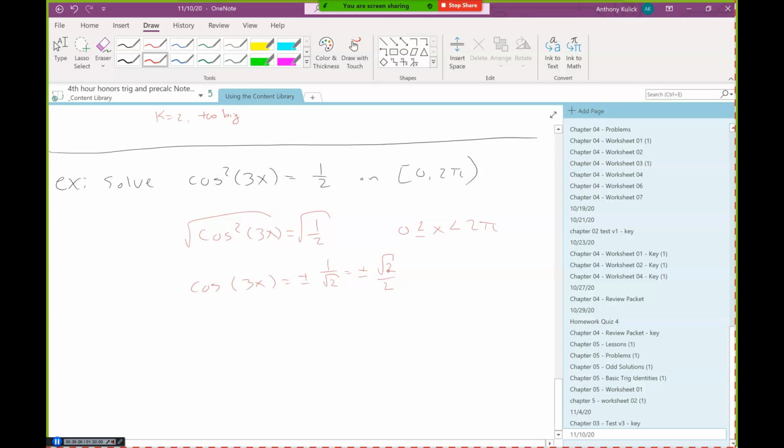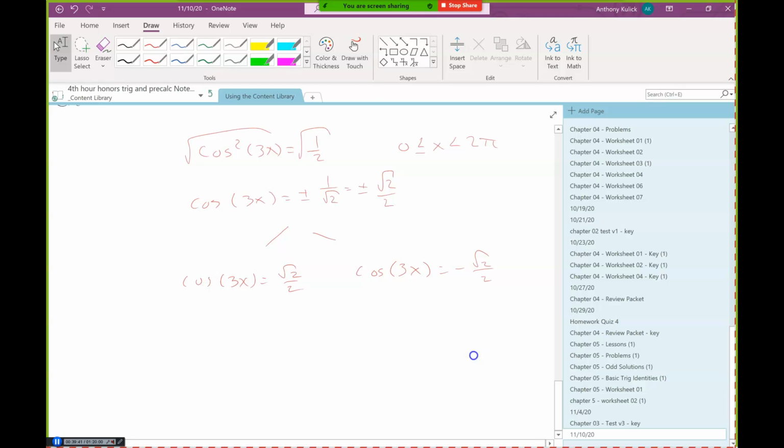And we'll rationalize the denominator, make that really square root 2 over 2. We'll split that up into 2 equations. And we'll do the inverse.